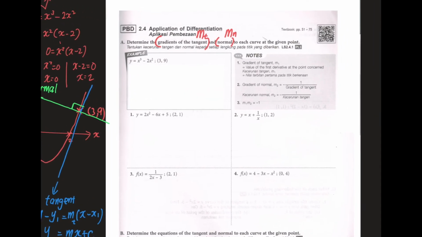You can see here in the notes. Gradient of tangent, they call it m1, m2. I call it mt and mn. Okay, it doesn't really matter. So to find the gradient of tangent, we have to find it in this way.